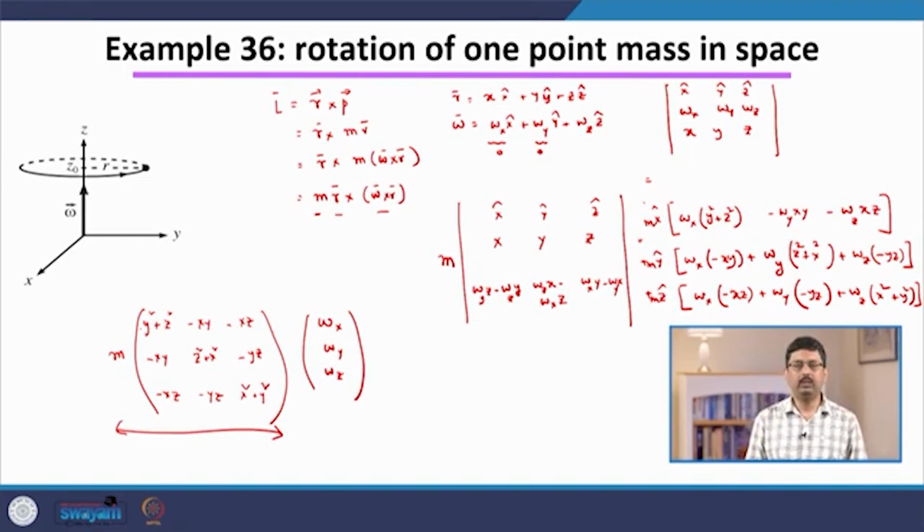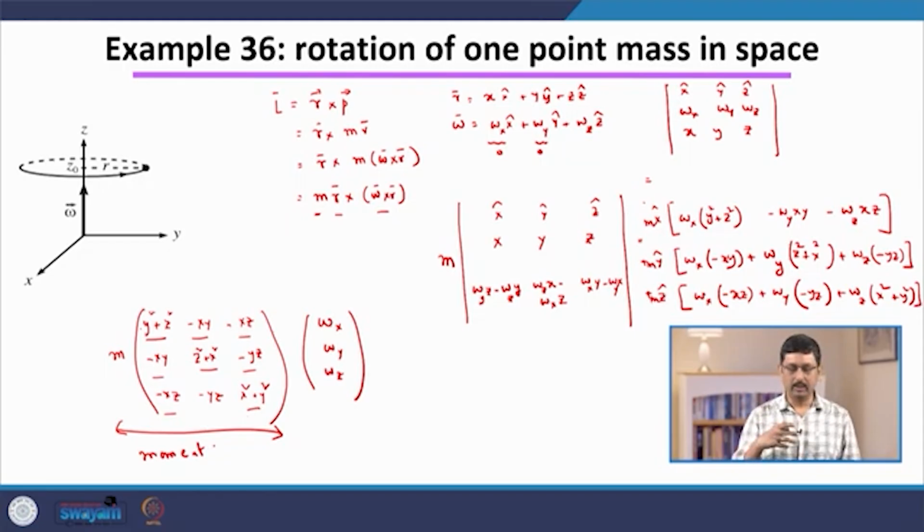If you recall the definition of moment of inertia that we discussed in the previous lectures, you see that this is precisely the matrix: the diagonal elements are precisely the moments of inertia about the x, y and z axes, and the off-diagonal elements are the products of inertia that we defined earlier, except for a negative sign.